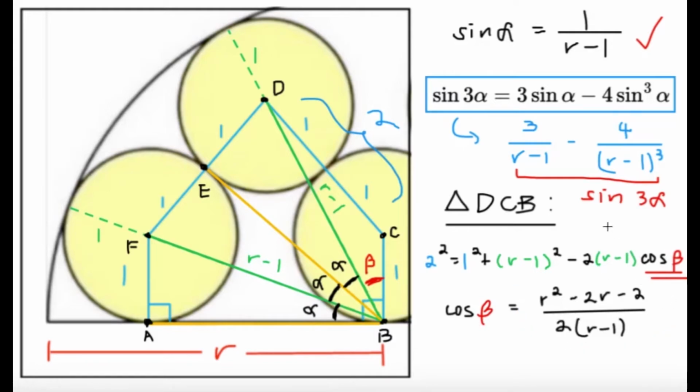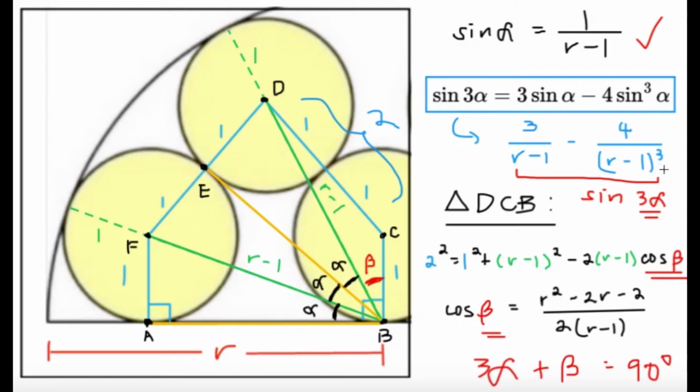All right, now why did I get sine 3 alpha and cosine beta? It is because, recall that we have a right angle on B here. So angle CBA here is right. This tells us that 3 alpha and beta are complementary, which means they add up to 90 degrees. This tells us that sine 3 alpha must be equal to cosine beta, and that's going to be the equation that we'll be able to form.